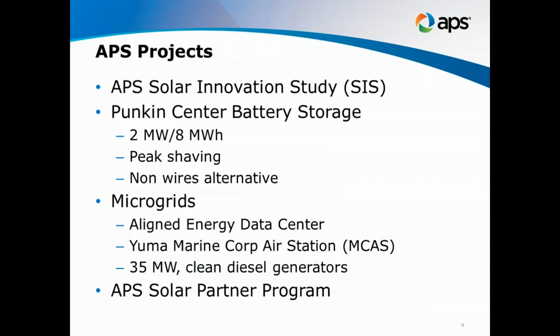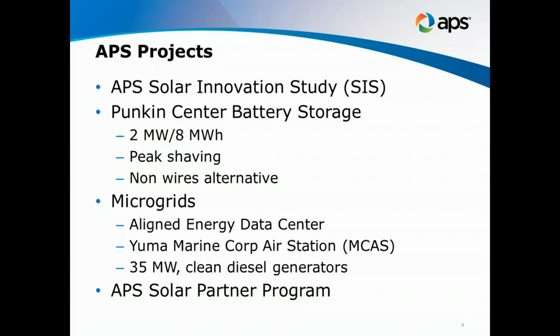So again, summarizing some of the projects, Solar Innovation Study, one of the big things we've learned with solar deployments and managing solar on the grid is integrating energy storage as well to help really bolster the solar ability to ride through system peaks, and better manage and control voltage, because storage provides a resource that's available 24/7, 365, whenever it's available, of course.